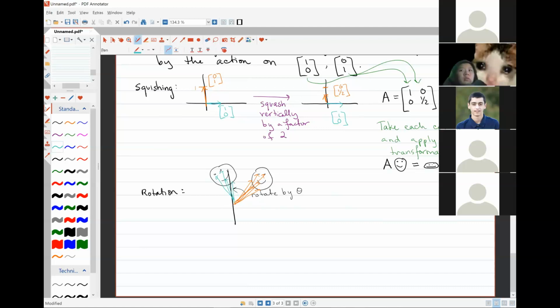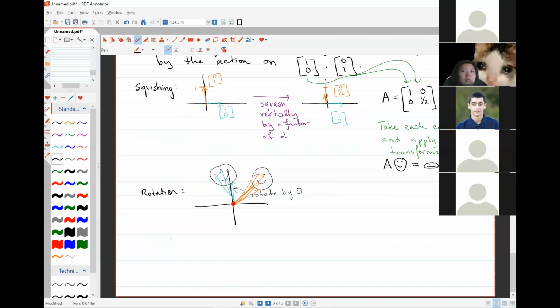Everything's going to get rotated by theta degrees. And what's the matrix that does that, so that we can have stored in memory all these vectors that contain the coordinates of all the points that we're mapping, and we can just rotate them around the origin? So we're rotating around the origin here by theta degrees.